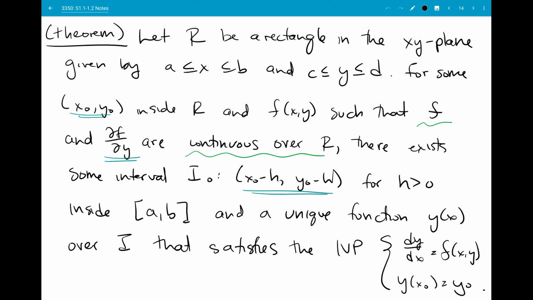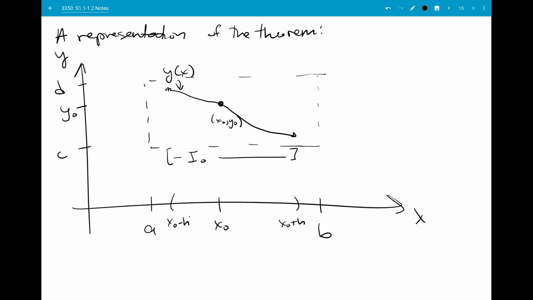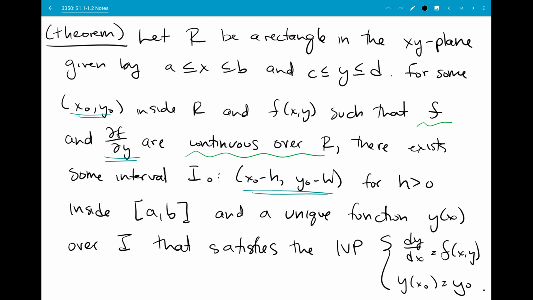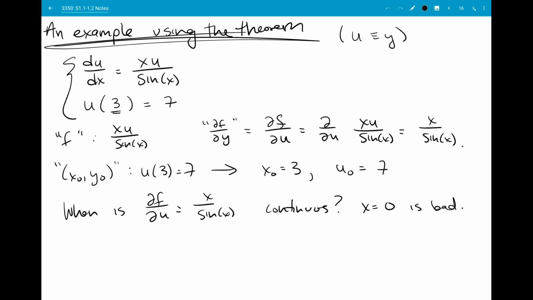If the only problematic place is x equals 0, then I started at 3, and I'm okay over that region. And so I know that there exists this interval where I can find my unique solution, and I'm fine.